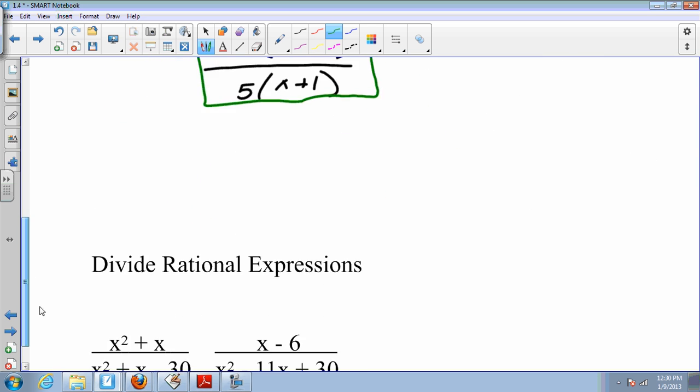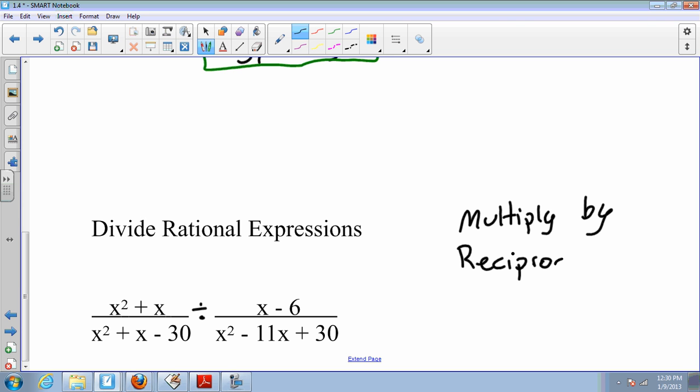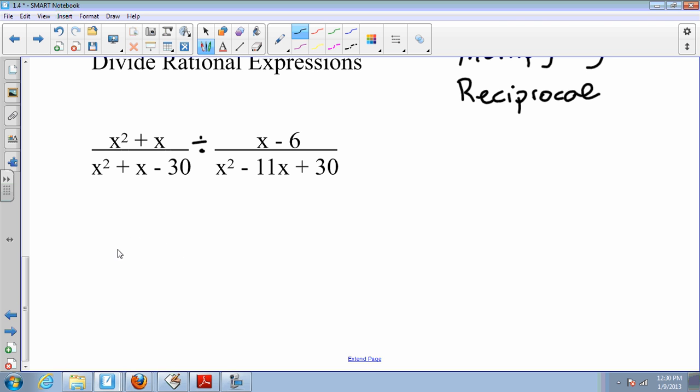When you are dividing rational expressions, you're going to change it because you are dividing by a fraction. You're going to multiply by the reciprocal. So keep the x squared plus x over x squared plus x minus 30.